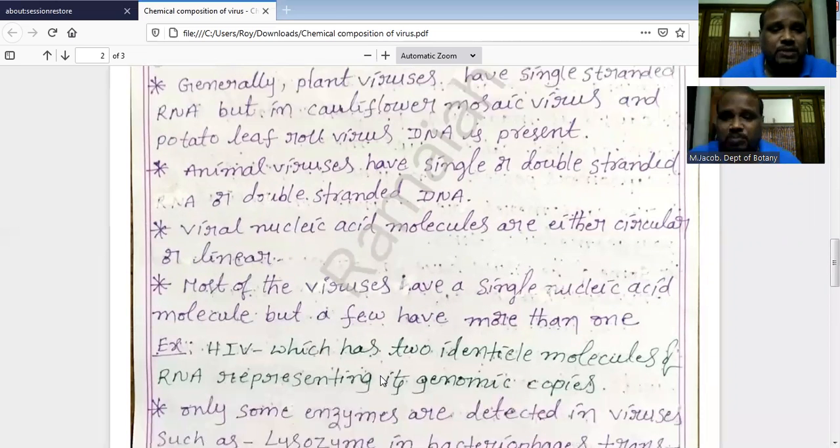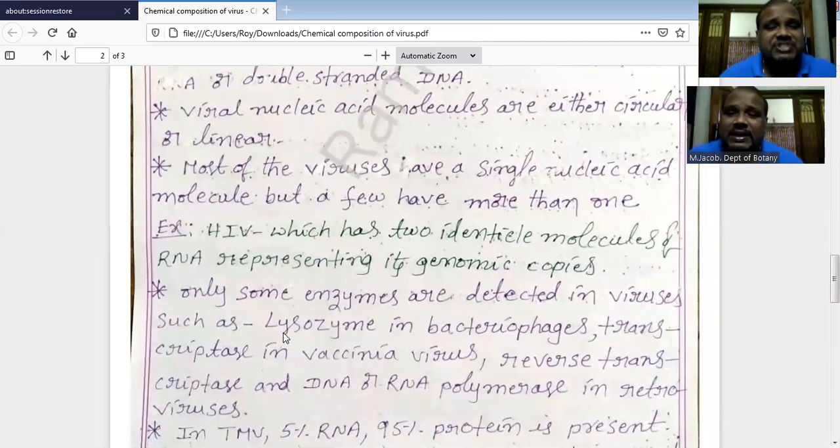For example, HIV has two identical molecules of RNA representing its genomic copies.